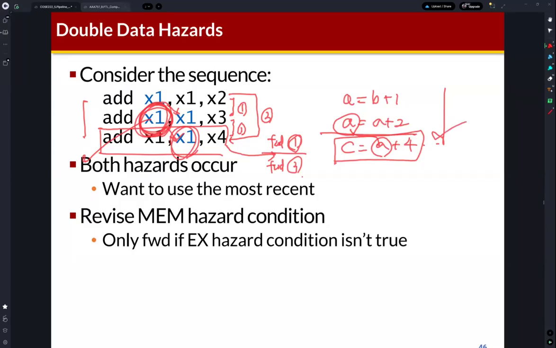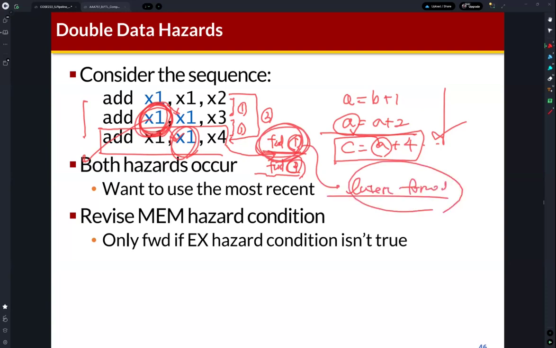So if forwarding case 1 and forwarding case 2 are both valid, then we need to select forwarding case 1, because forwarding case 1 is the latest forwarding. So it just forwards the latest value.